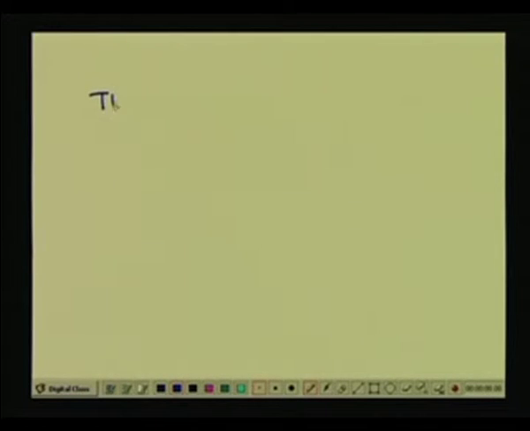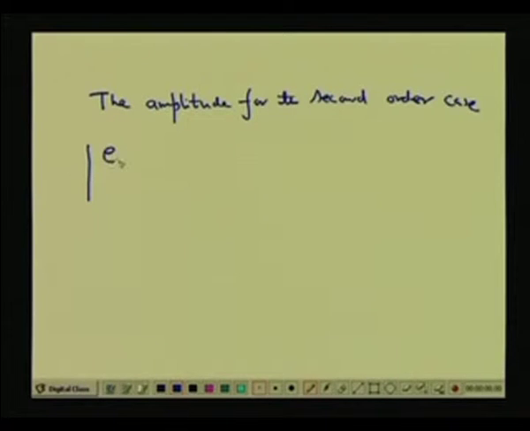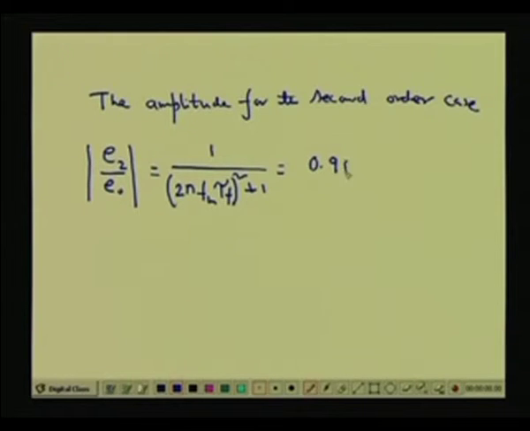So, if I look at the amplitude ratio for the second order case, it is given by E2 by E0 equal to 1 upon (2 pi Fm tau f) square plus 1. So, this will give you 0.95.